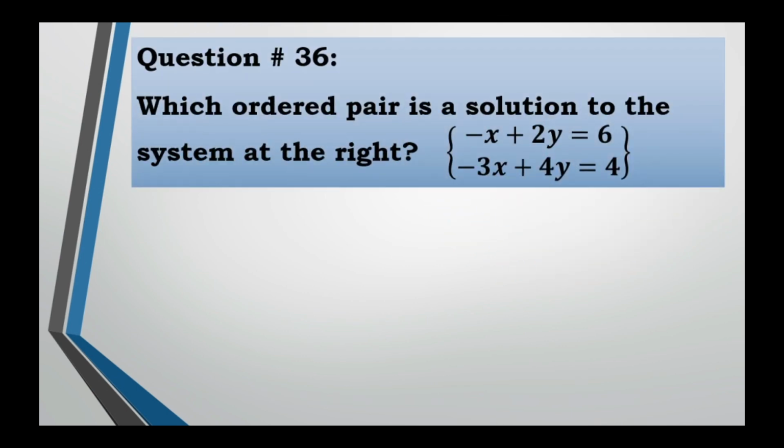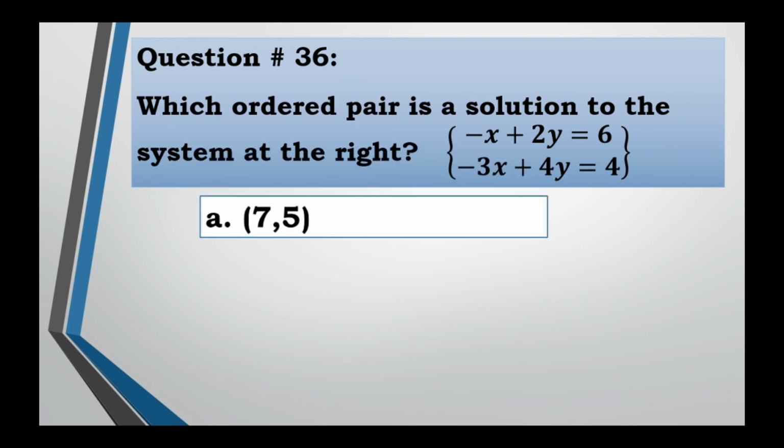Question number 36. Which ordered pair is a solution to the system at the right? Negative x plus 2y equals 6. Negative 3x plus 4y equals 4. Letter A, 7, 5.